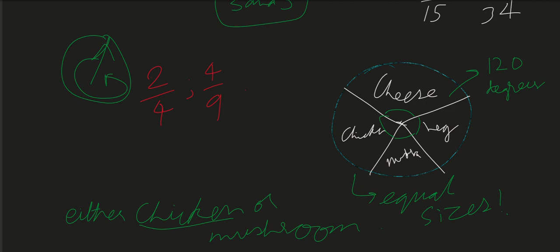Alright, what shape is a pizza again? Circle? Yes, it is a circle. And why does that matter in this case?